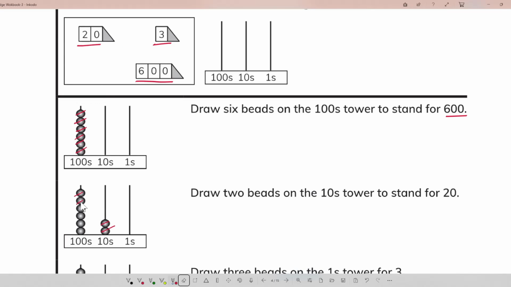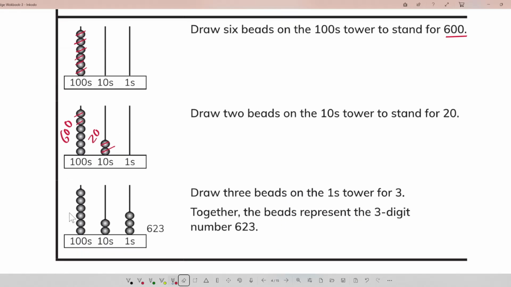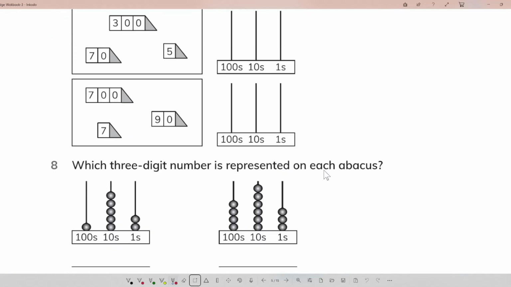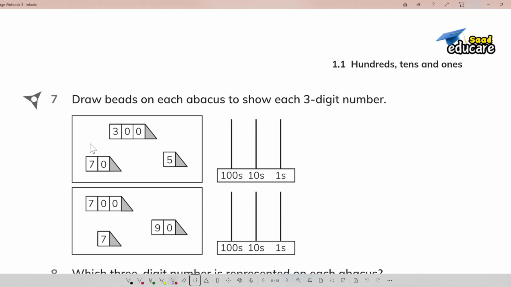Here is 6 beads, that means 600, and here is 2 beads, it means 20, and finally 3 beads, it means only 3. Finally 600 plus 20 plus 3 will be 623, right? 623. Very simple. Okay, now draw beads in each abacus to show each 3-digit number.